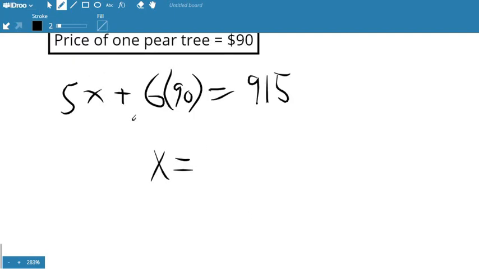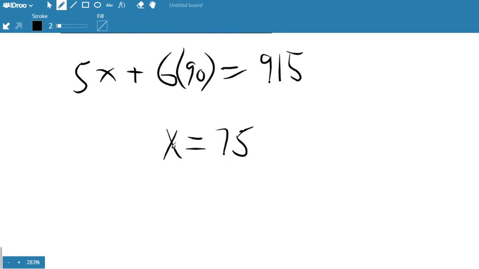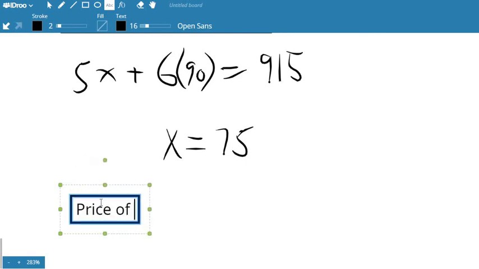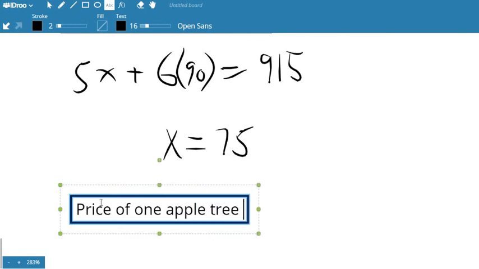After solving this, you will have 75 here. Okay, you got a value of x, but what was x? x was the price of one apple tree. So you got the price, it is $75.